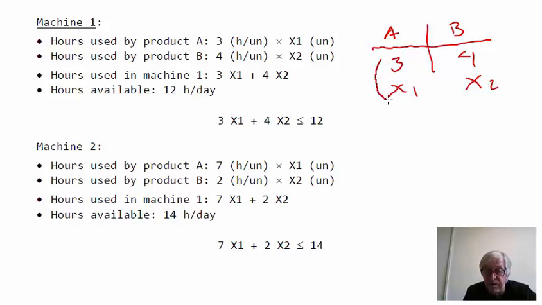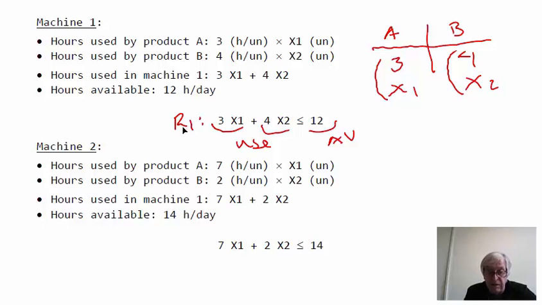So this is the number of hours needed to produce the amount of A, and these are the number of hours needed to produce the units of B. So this is what we will use. Okay, and this is what is available. And we have here the first restriction.